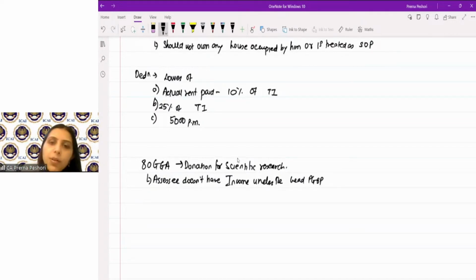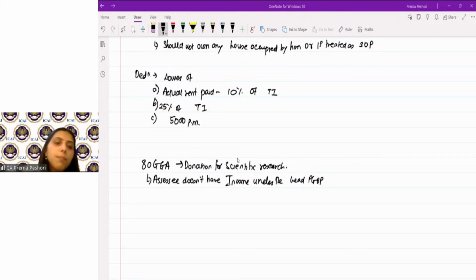If you have income under the head PGBP, you have deduction under 35. But if you do not have income under the head PGBP, you can still claim the deduction if you are an employee or something. You're paying to any research association, university, college, or any scientific research program, or any committees, then the deduction is available for the sum paid to any institutions or research committee. Okay. So that is the deduction which is allowed.